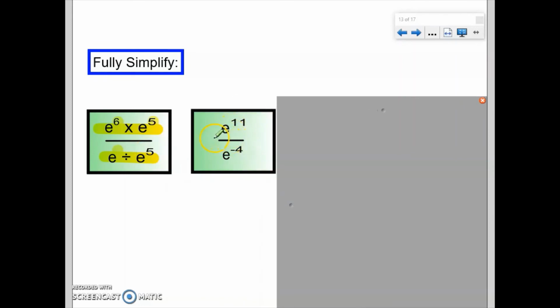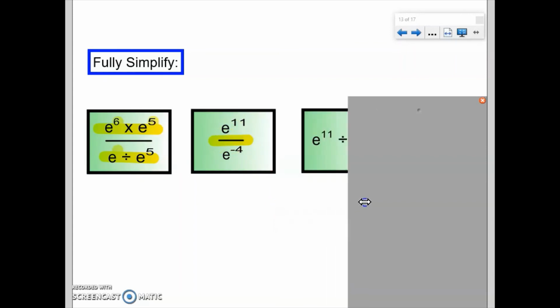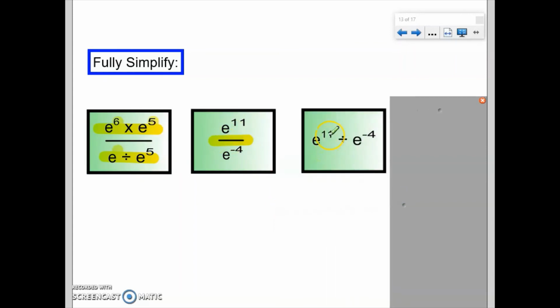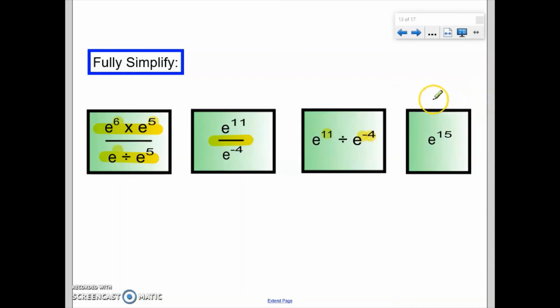I'm just going to rewrite that, showing my division sign. So now I'm left with 11 take away negative 4. Two negative signs next to each other result in an addition. So 11 add 4 takes me to e to the power of 15. Very well done if you answered that in front of me and got that one correct.